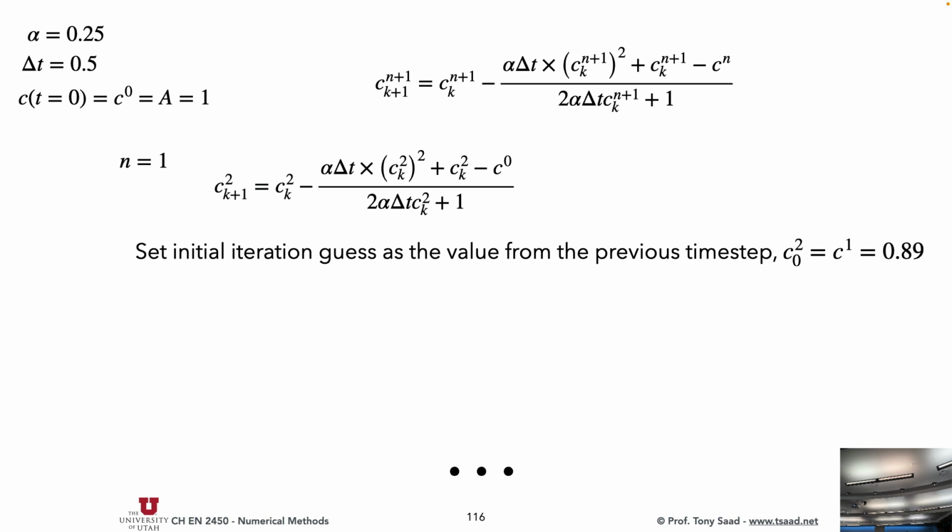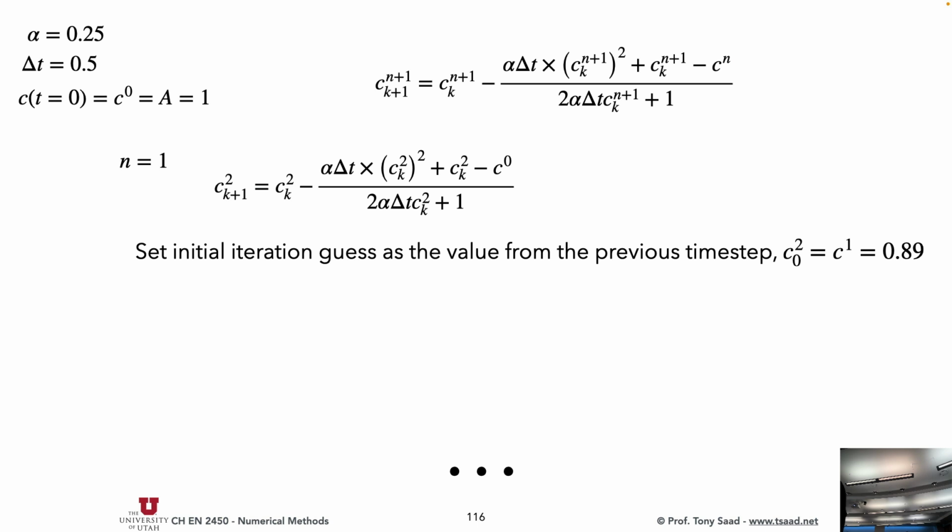You have an outer loop that takes you over time, moves you over time, and an inner loop within each time step you iterate. Okay? This is very important. Okay? I cannot stress this enough that you need to master this. Okay? It's just a lot of indices. It's annoying. You do this example twice, and you got it.